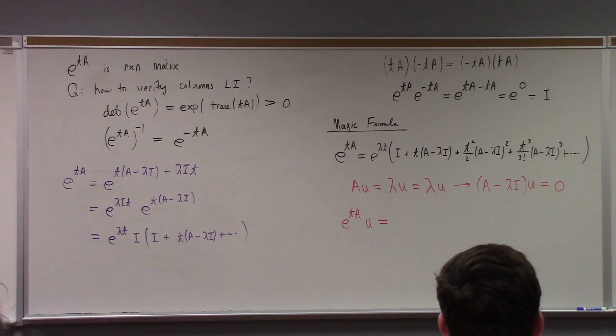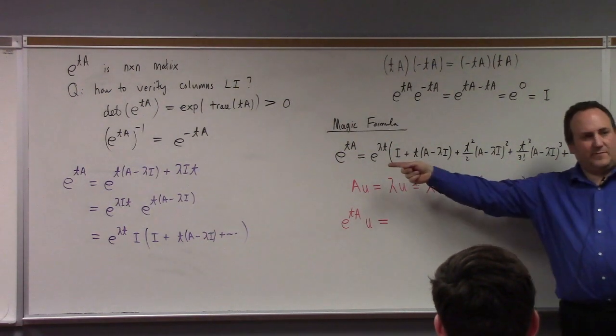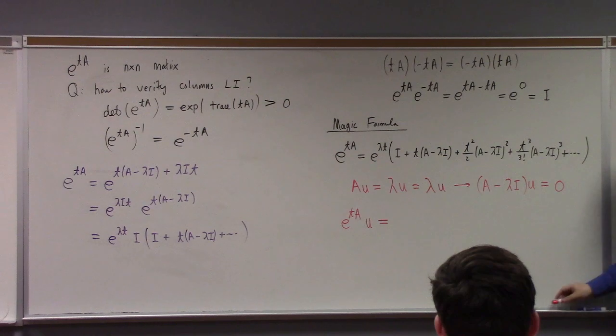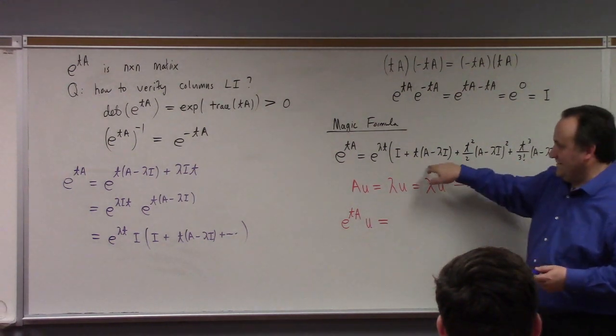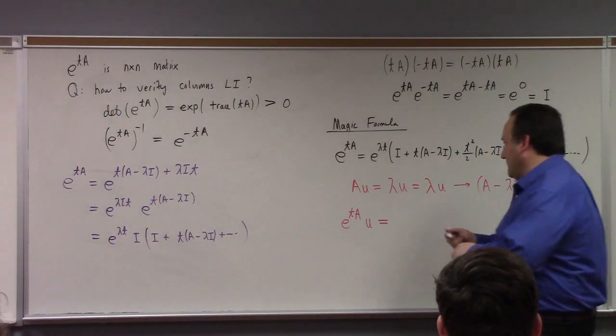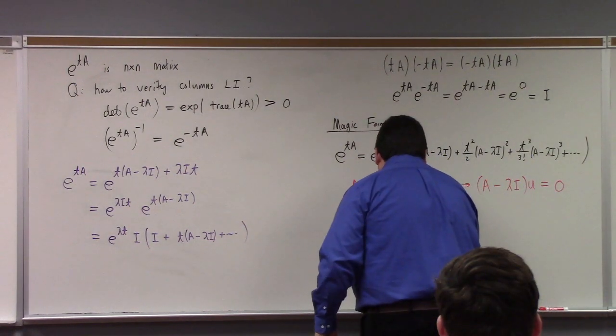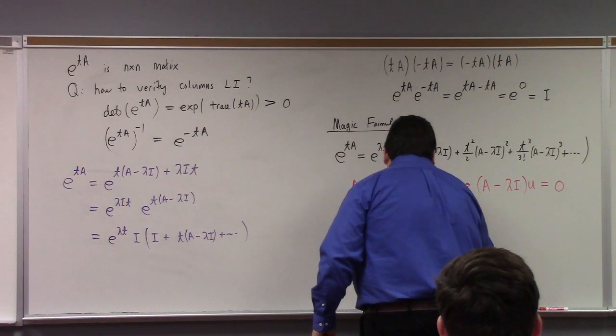What happens when you multiply u into this infinite series of powers of the matrix A minus lambda I? Yeah, that's right. So this is 0, that's 0, that's 0. The only thing that survives is that first one. So we get e to the lambda t times u.